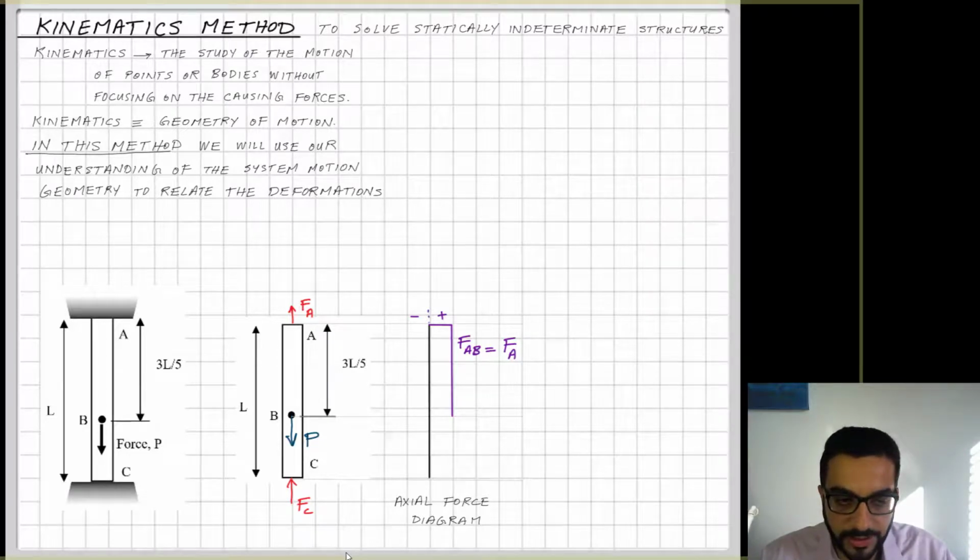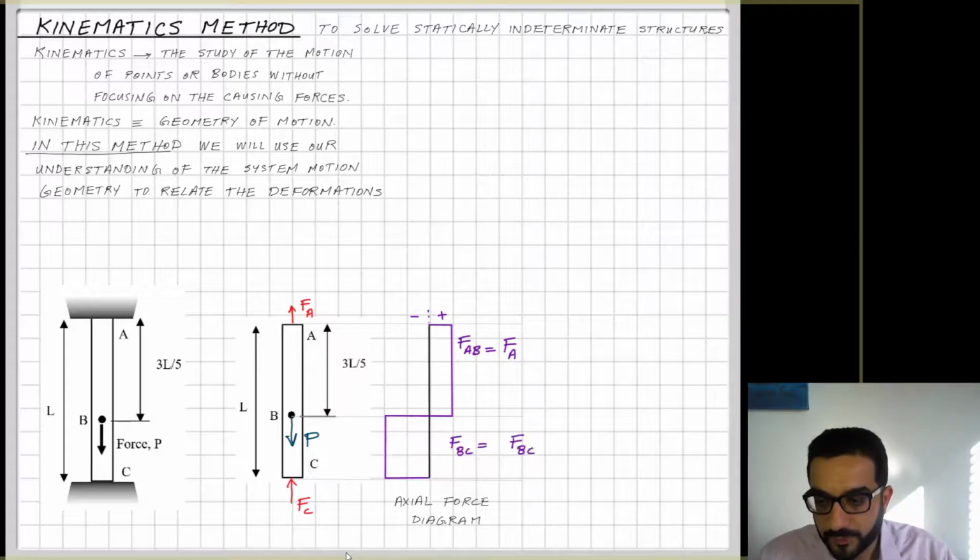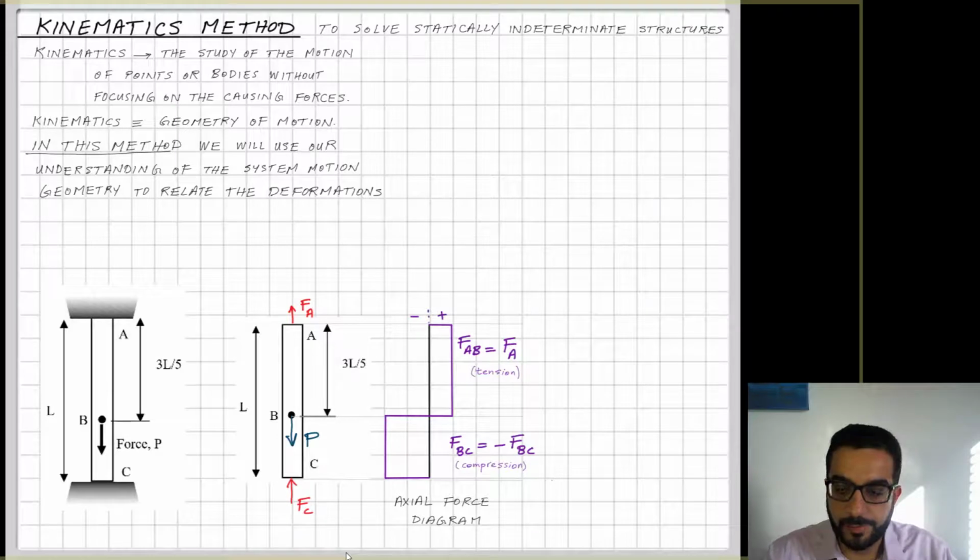Once I hit point B, now the load P is opposite to the direction of Fa, so I add it as a negative, and that negative value of P will make the chart flip, because now I know that this part BC will be under compression, because the support at the bottom at C is holding the column from falling.